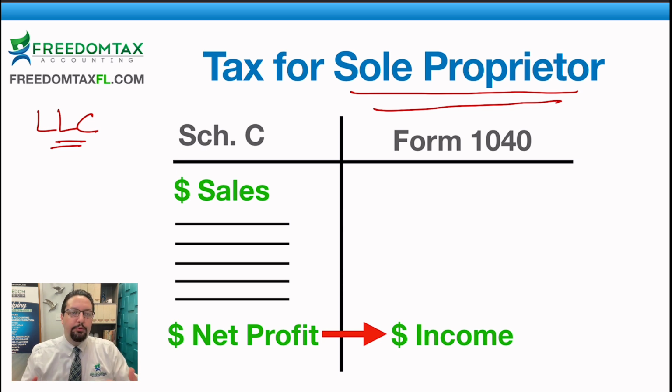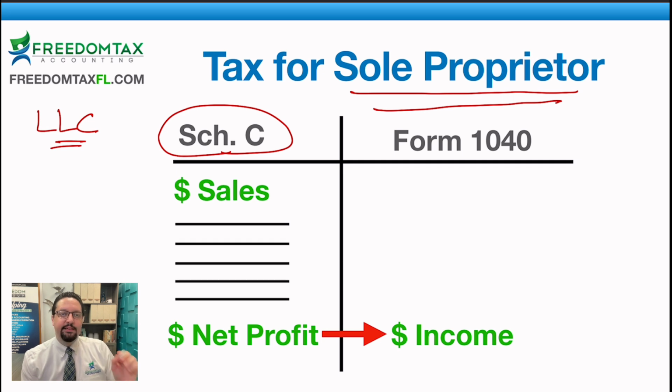How do sole proprietors pay taxes? If you are a sole proprietor, meaning working under your name, or if you have an LLC as the single member, you're going to file taxes under Schedule C. The Schedule C is a tax form that goes inside Form 1040, which is your personal tax return.